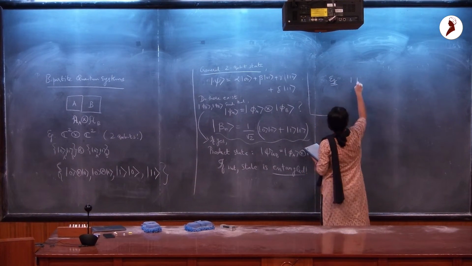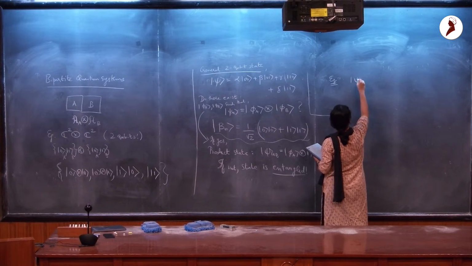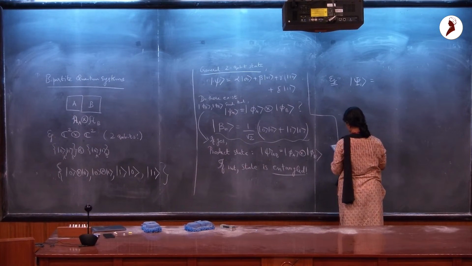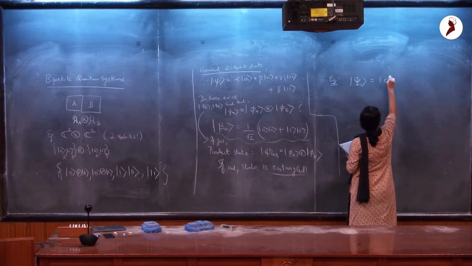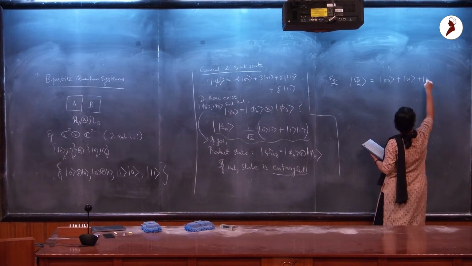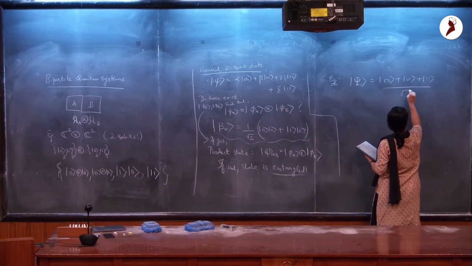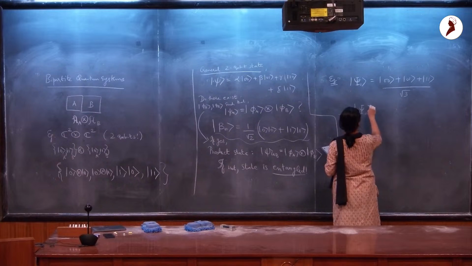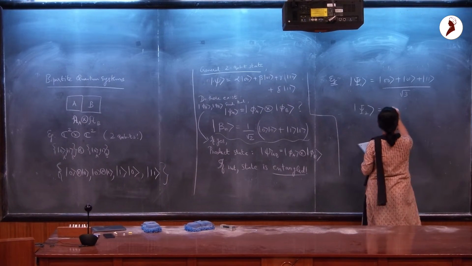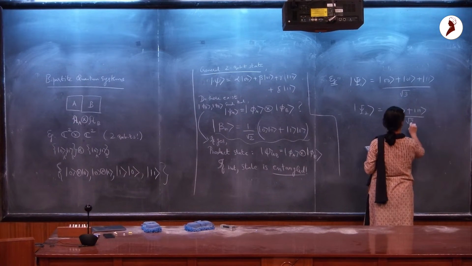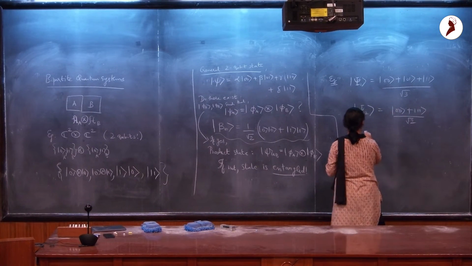So I'm going to write down 3 states. Psi 1 is |00> plus |01> plus |11> by root 3. Psi 2 is |00> plus |11> by root 2, the state that I wrote there, which you already know is what's called a Bell state.